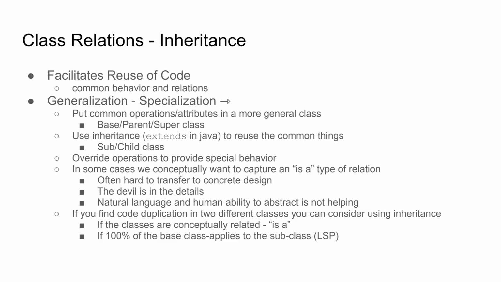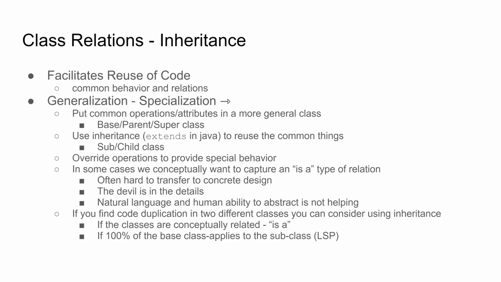This means that we can put common operations or attributes in a more general class, and we often call this class a base, parent, or superclass. And then we use the inheritance to have special classes, subclasses, or child classes to reuse these common things. And in Java, we use the keyword extends when we define the class.